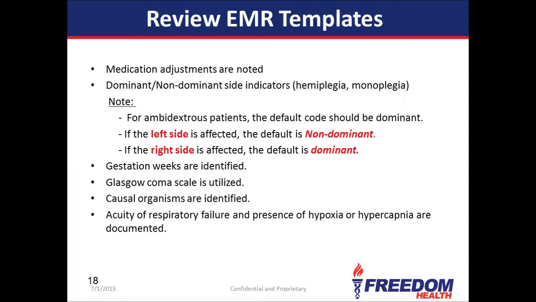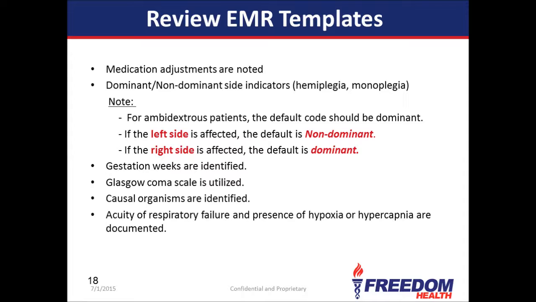In many instances, you may not know whether the patient is dominant or non-dominant on the side of the injury. So there's a very simple convention. If the patient is ambidextrous, the default code should be dominant, if you don't know. If the patient injures the left side, the default code is non-dominant. Obviously, if you know that the patient is left-handed and left side dominant, that would not be the case.